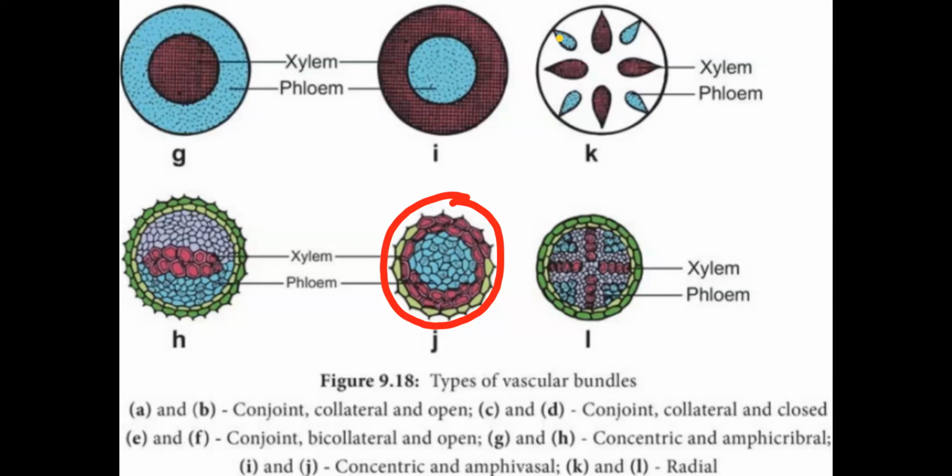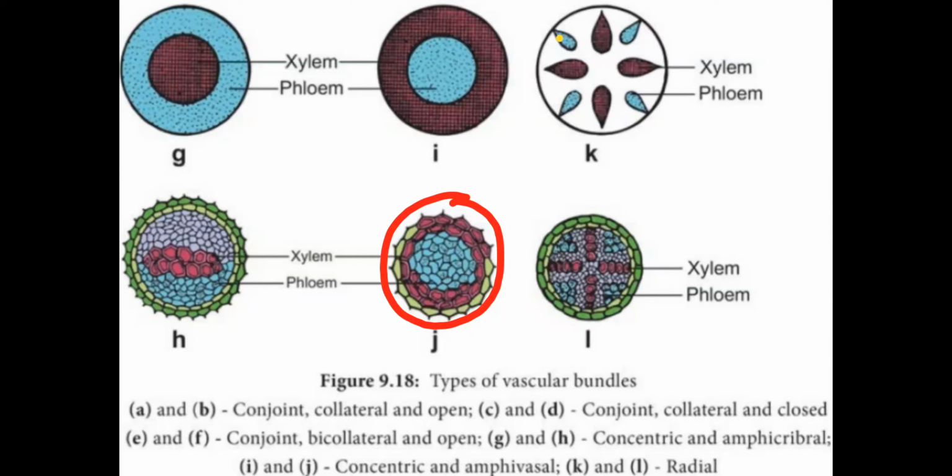You can make out in this too. The one I have encircled with red, is it amphicribal or amphivasal? Xylem outside and phloem inside. It should be amphivasal.